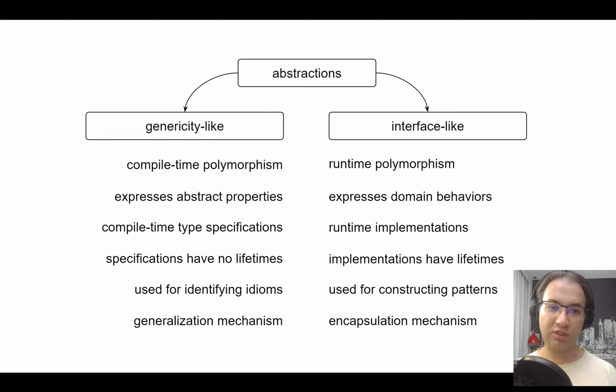Genericity-like abstractions are very useful in generic libraries, while interface-like abstractions can be used to separate responsibilities of the application, to denote subsystems, and to abstract from implementation details.